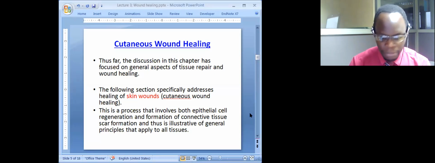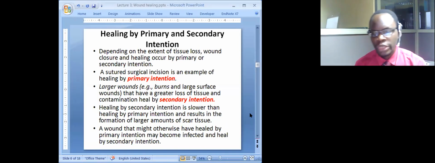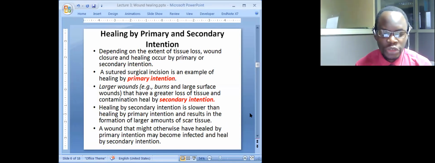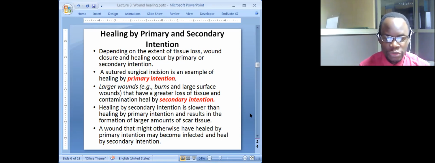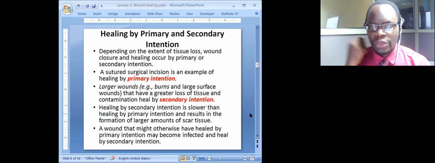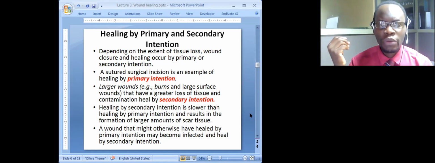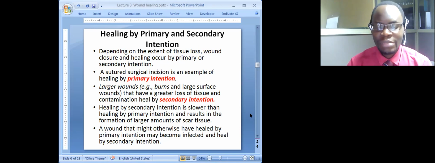Now, there is also what we call healing by intention. There is healing by primary intention and healing by secondary intention. Depending on the extent of tissue loss, wound closure and healing occur by either primary or secondary intention. With primary intention, we mean that the wound heals and opposes very well because there is minimal tissue loss, minimal complications and limited infection.